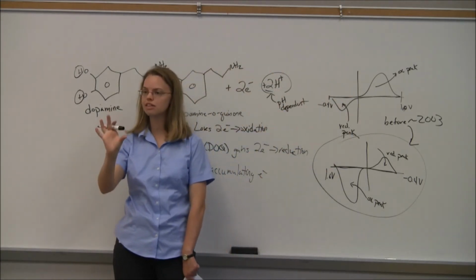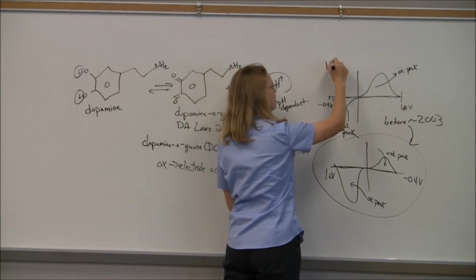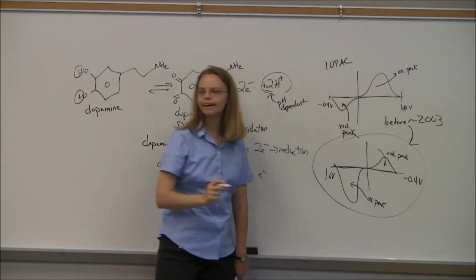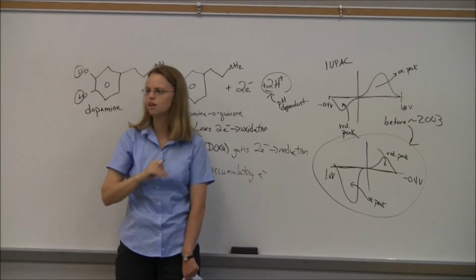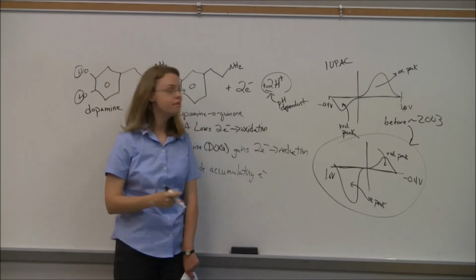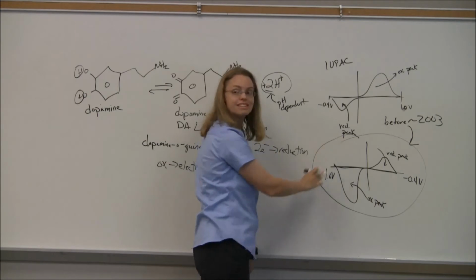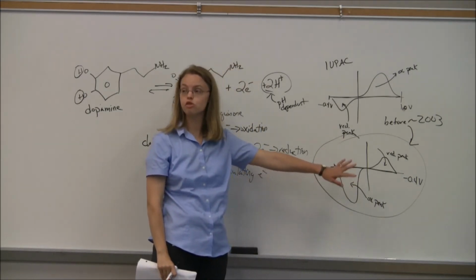So about 2003, he decided he would switch, and they claim that this is the IUPAC convention. IUPAC said you should do it right, and so we do this now, but the textbook's going to do this, and if you pull up old papers, they're going to look like this. So I want you to know that.